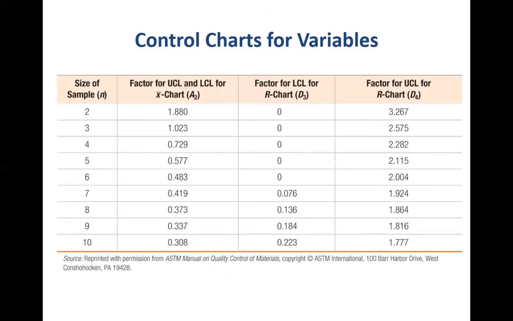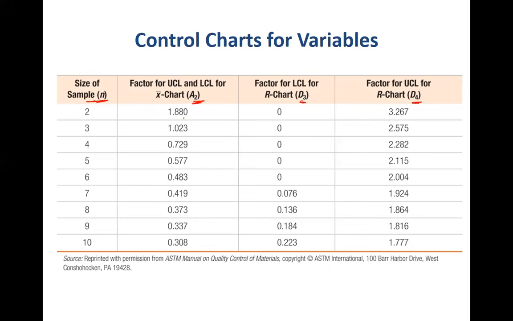Now, we'll take an example to get a better understanding of it. But before we get to the example, this is the type of table that we will be utilizing, where we have the value for A2, which is necessary for the XBar chart. We have the values for D3 and D4, which are necessary for the R chart. Notice that these values correspond to certain sample sizes, and this is something we need to be very careful about.